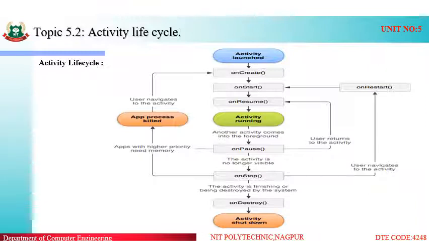After onPause, it goes to the onStop method. OnStop means it is no longer visible to the user and all the background activities are paused. Whenever two activities are switching control, the app with the lower priority is killed or destroyed by the Android process.